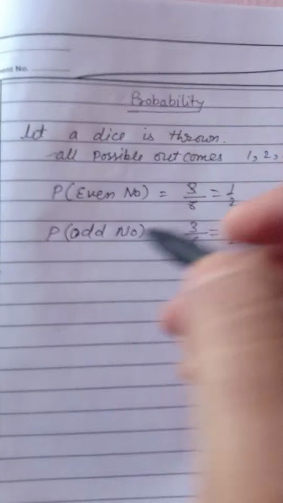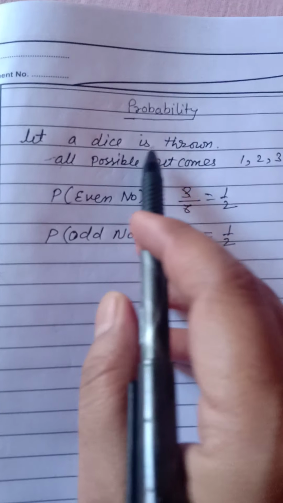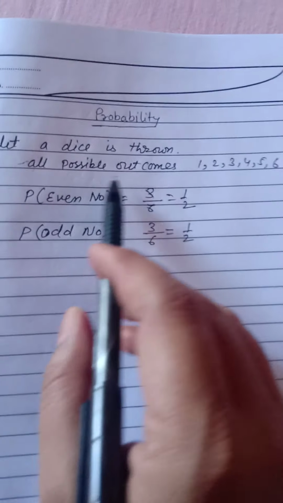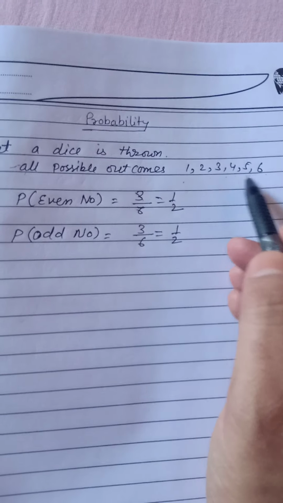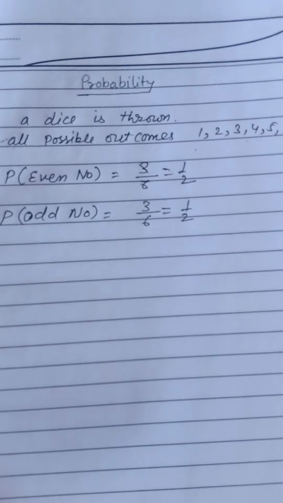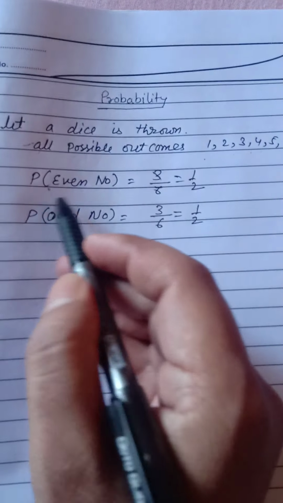So let us take one more example. Suppose a die is thrown. All the possible outcomes are 1, 2, 3, 4, 5, 6; any of these numbers can appear on the die. Suppose we are finding the probability of an even number.